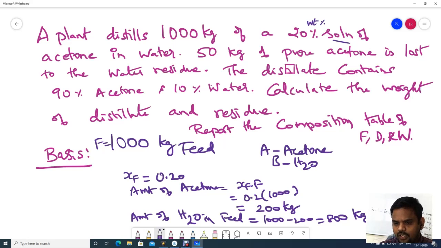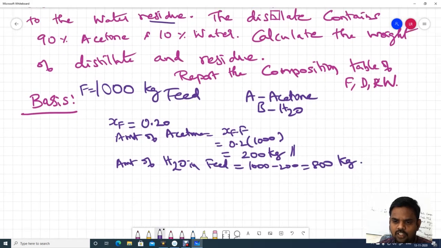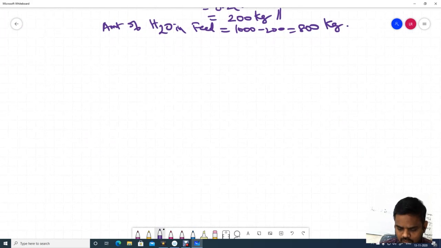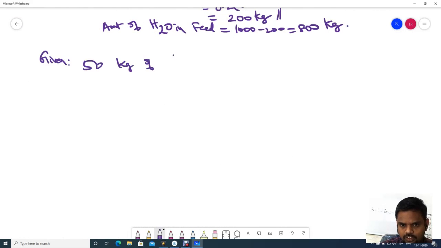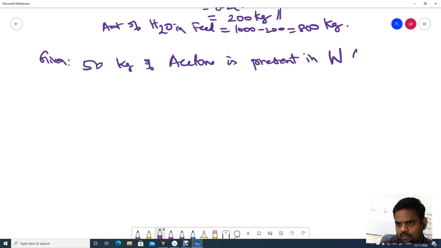So the feed contains 200 kg of acetone, and you can see that 50 kg of pure acetone is lost in the residue. Okay, residue contains 50 kg. Then what is the amount of acetone that is present in the distillate? So from given data we can write, it is given that 50 kg of acetone is present in W, that is residue.